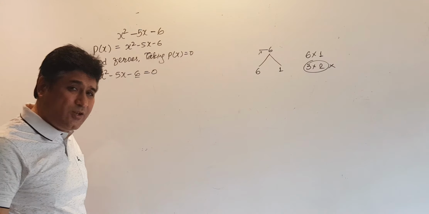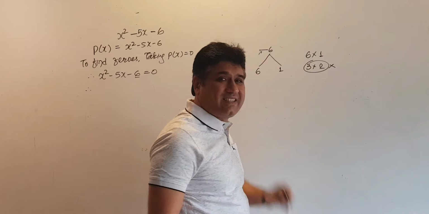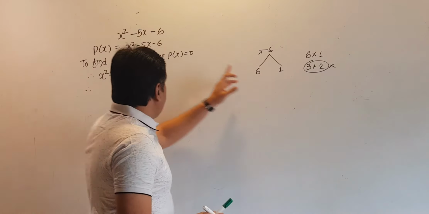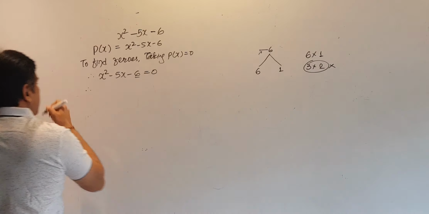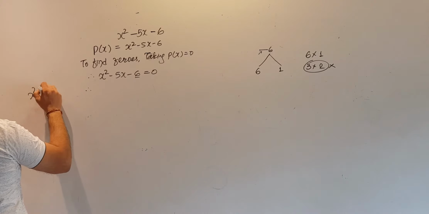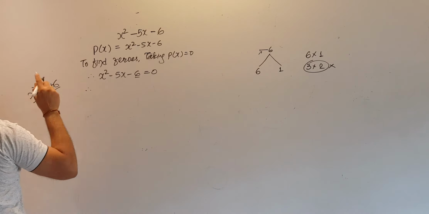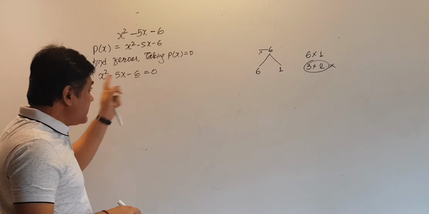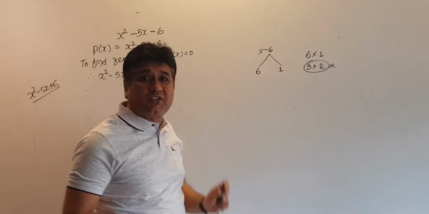6 and 1. I know many of you might have taken this. It is wrong friends. Because if it were addition, it would be like this: x square minus 5x plus 6, this would be the correct one. Because there we have to do addition, here we don't have to do addition. Here it is a subtraction.